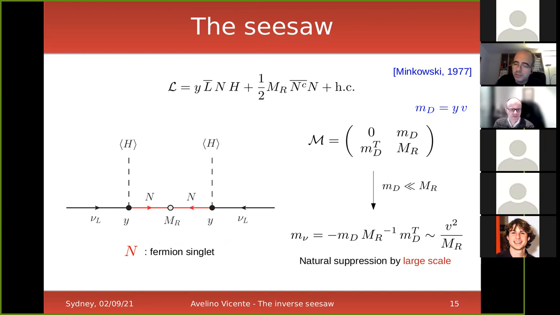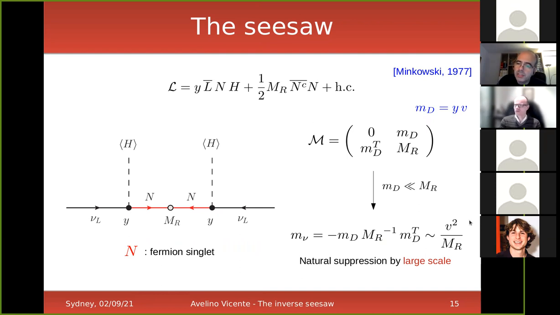And when you do that, you end up with a mass matrix for the neutrinos, left and right-handed neutrinos, which looks like this, where MR breaks lepton number. And then if you assume that MD, the Dirac mass term that is coming from the Yukawa coupling, is much lower than MR, the right-handed neutrinos' Majorana mass term, you get an approximate result for the neutrino mass term that looks like this.